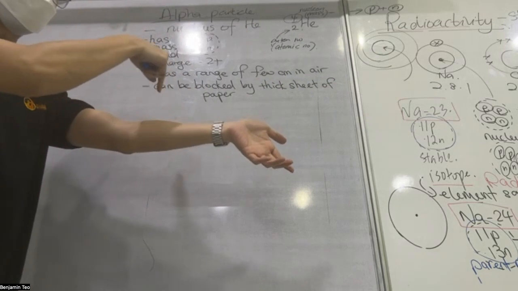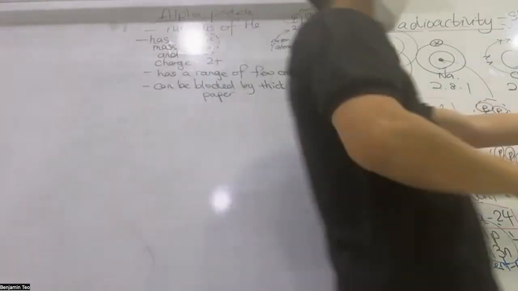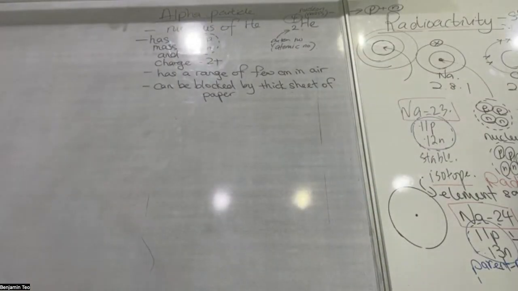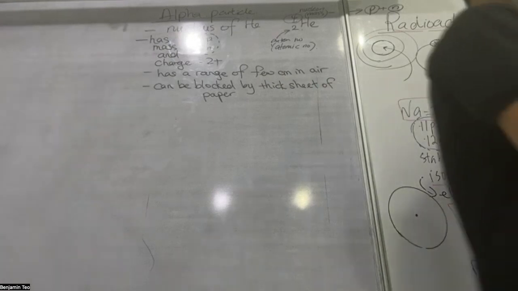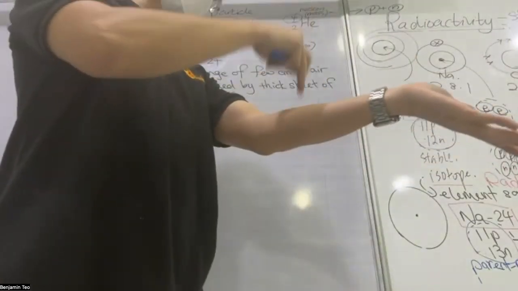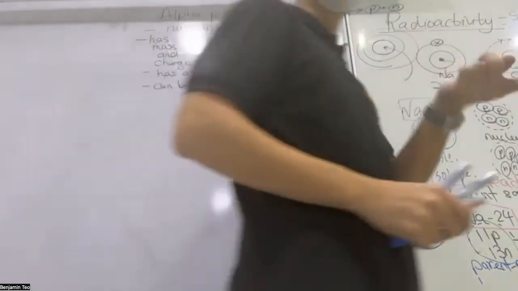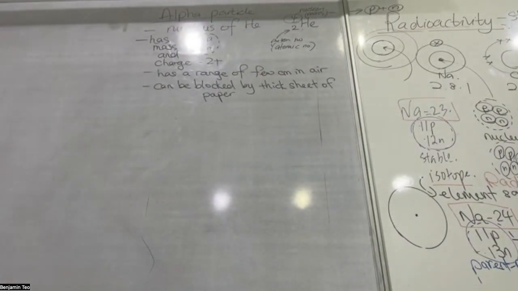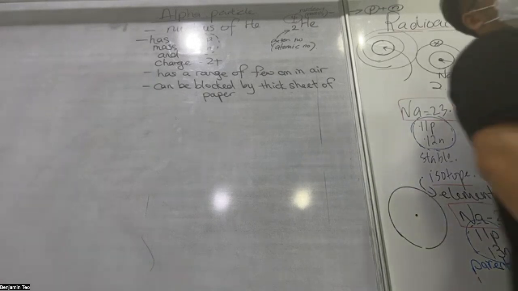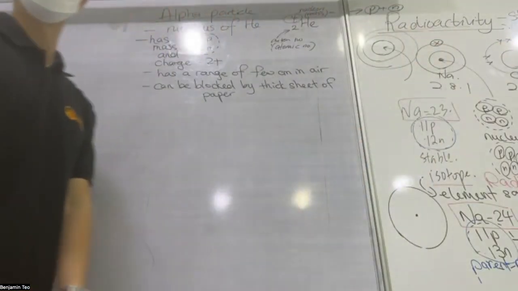So, are you afraid of alpha particle? Are you easily get poisoned by alpha particle? No, you cannot go in. The only way you can get poisoned by alpha particle is 如果你不小心吃掉它 ingested, right? If you accidentally ingested any radioactive material, then it can be very dangerous.